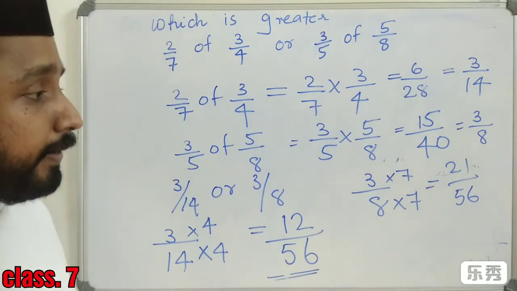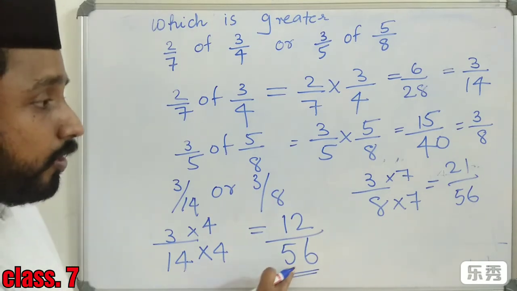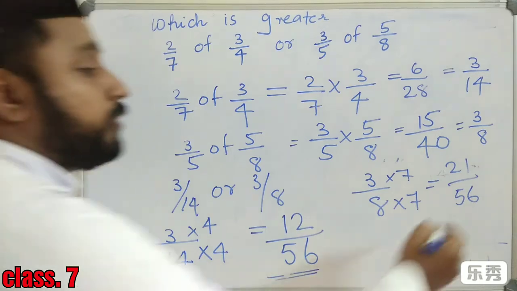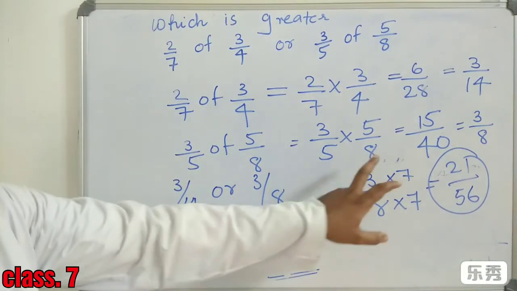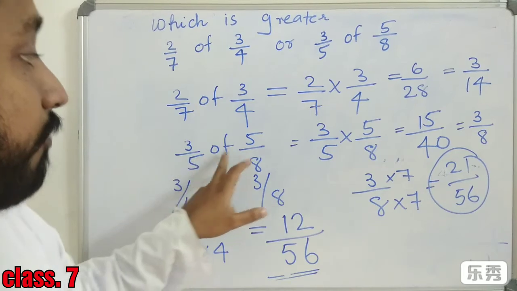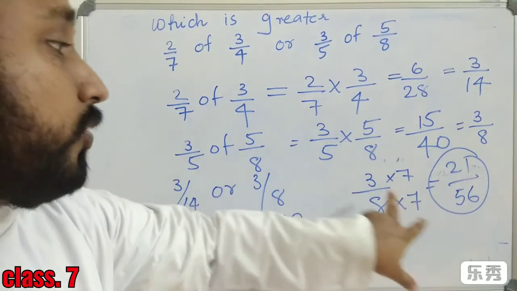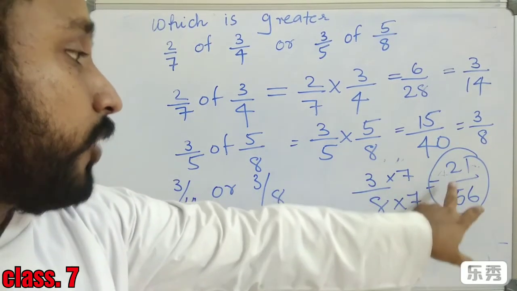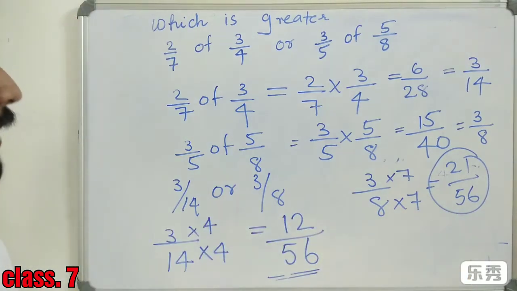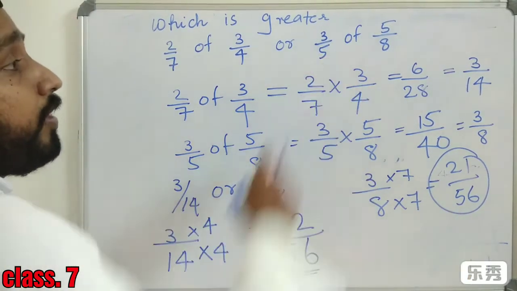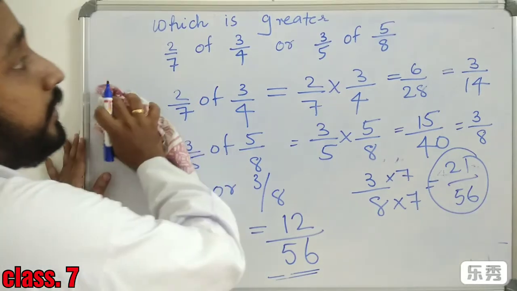So which is bigger, 12 by 56 or 21 by 56? 21 by 56 is bigger. So 3 by 8, which means 3 by 5 of 5 by 8, is 3 by 8. So 3 by 8 is equal to 21 by 56, which is the bigger one. So we can say that 3 by 5 of 5 by 8 is greater.